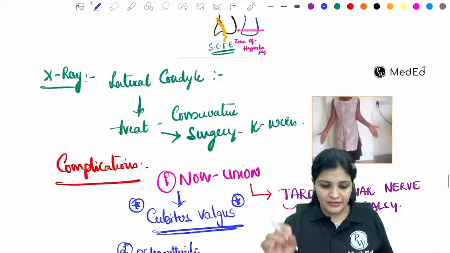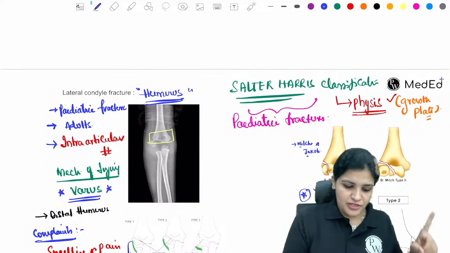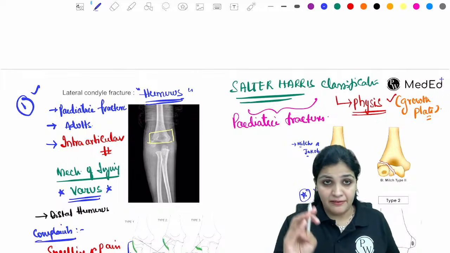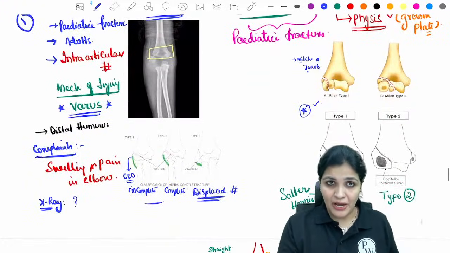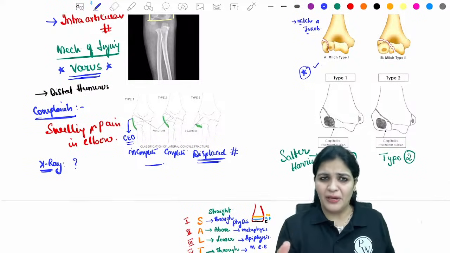So whenever there is a lateral condylar question in your prof exams, these are the important points. First, you're going to tell that this is seen in both pediatric and adults. It is an intraarticular fracture. The mechanism of injury is varus, and the patient will come with pain and swelling of the elbow.